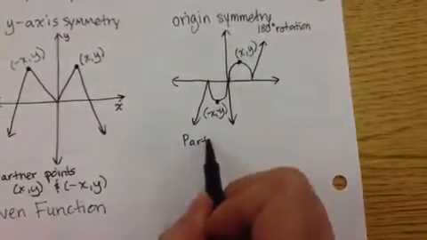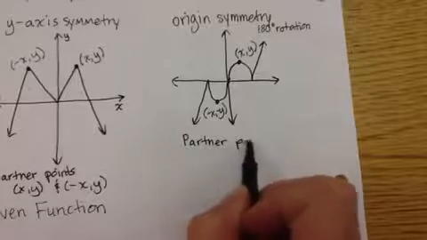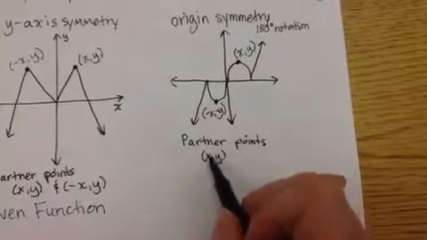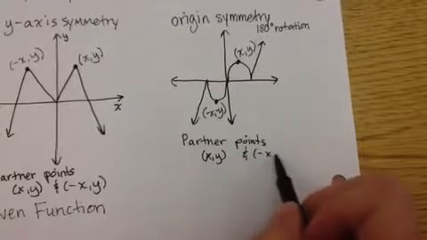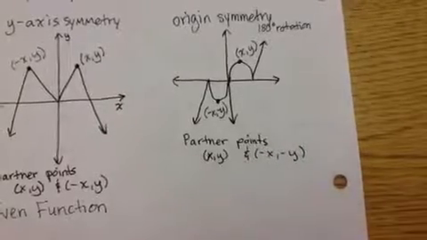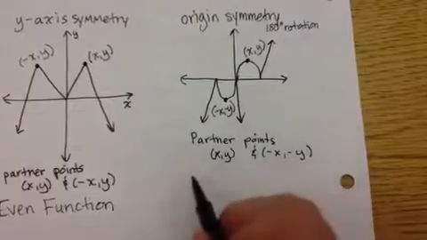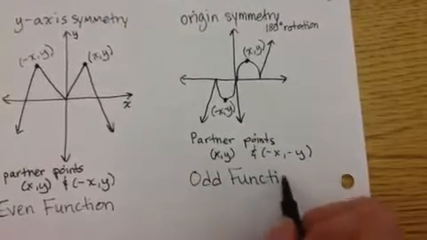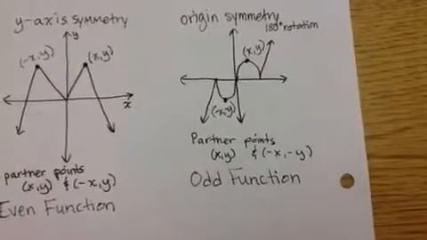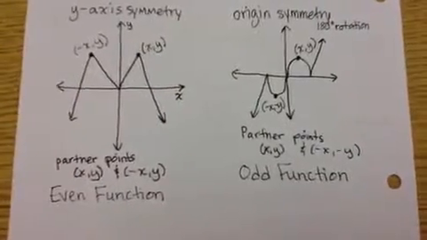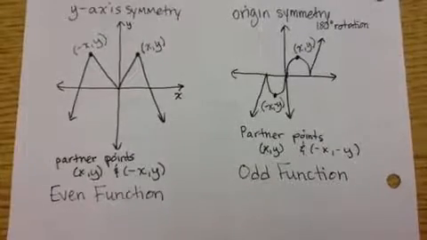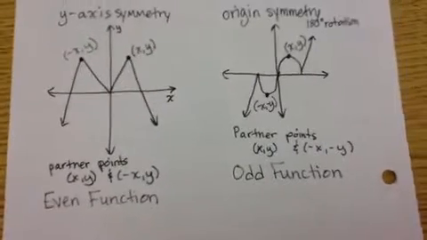So in origin symmetry, the partner points are x, y and negative x, negative y. And if you have a function with origin symmetry, it is considered to be an odd function. So those are our two types of symmetries and our two types of functions, even and odd. So let's go back and answer those questions for our parabola.